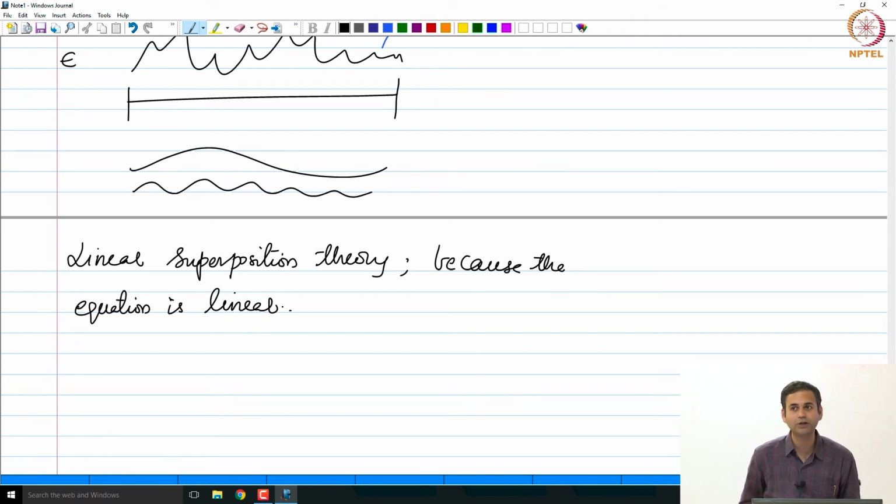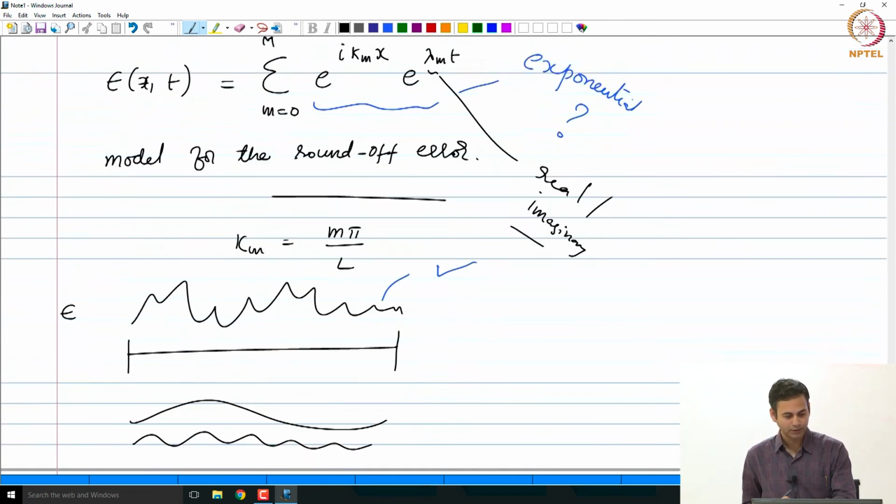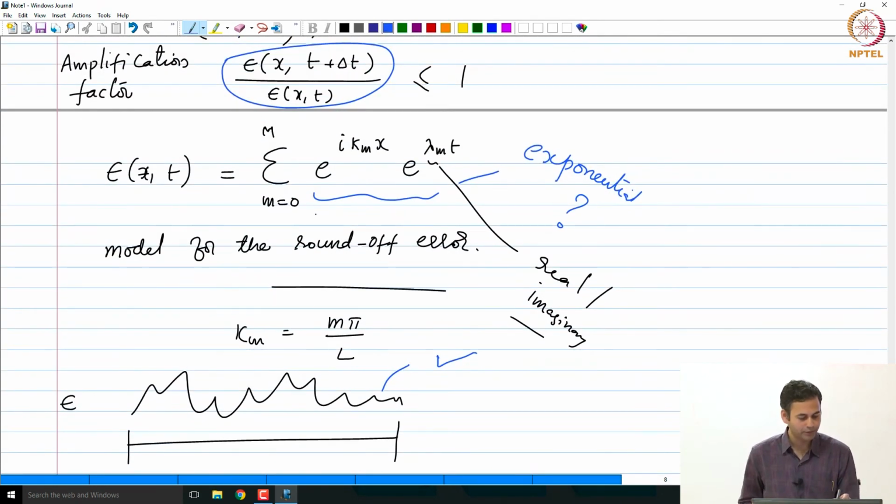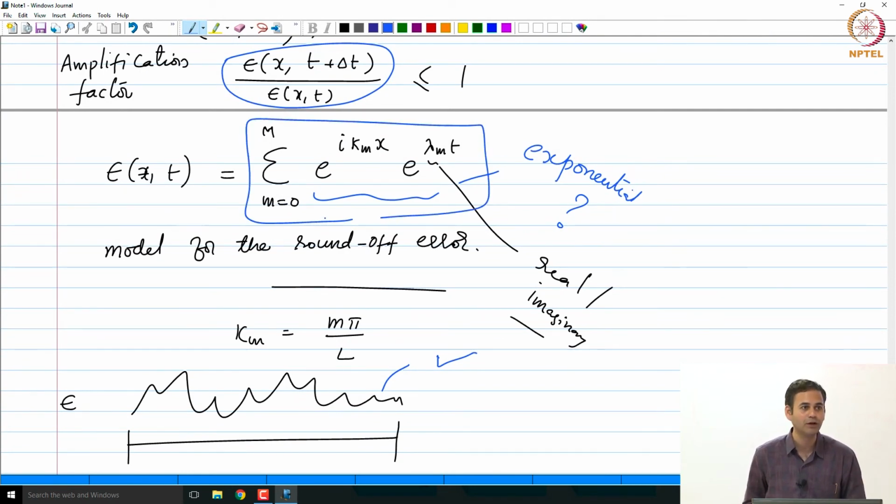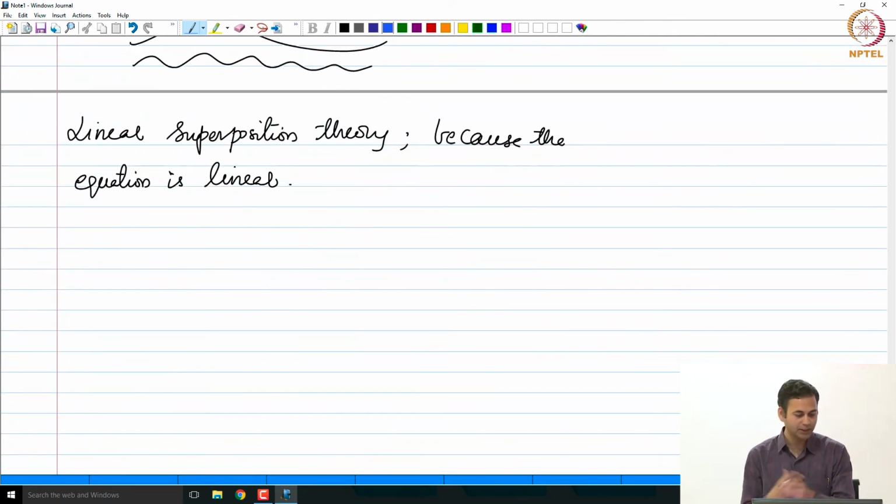So, the simplification we are trying to get out of this is basically, we do not have to look for each and every term of this error. We do not have to look for each and every little m, rather we can just look for one particular m, and if that is unstable, it will make the entire system unstable. As a result, I do not have to look for each and every wave here, rather I would look for just one component of the solution, and that component happens to be just some arbitrary value.